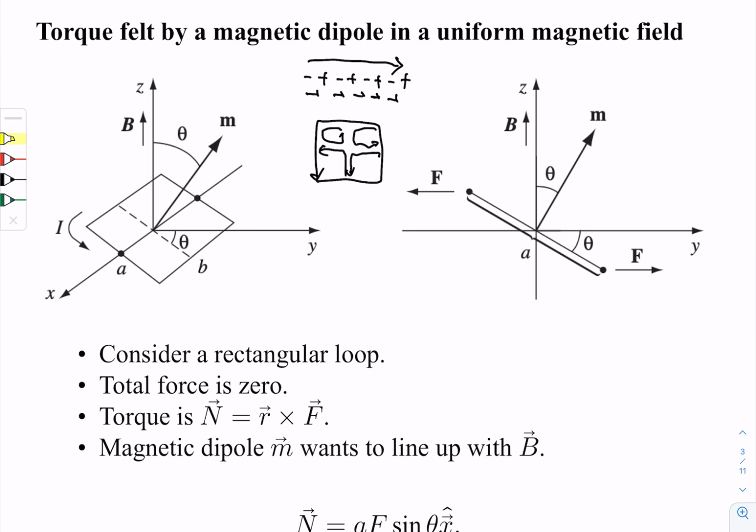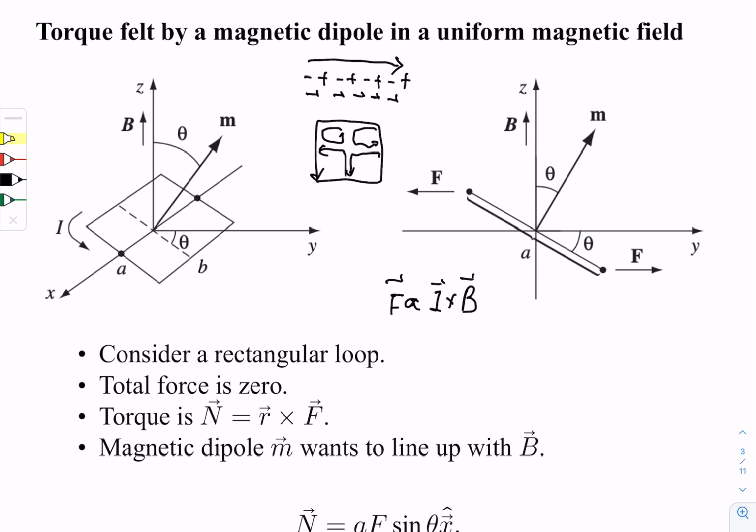So say that we want to consider how this rectangular loop interacts with this homogeneous magnetic field, say pointing along the z-axis upwards. Now if we look at the force felt by this loop of current, the force should be proportional to I cross B, if I remember correctly.